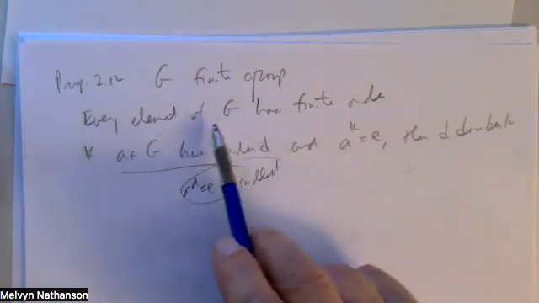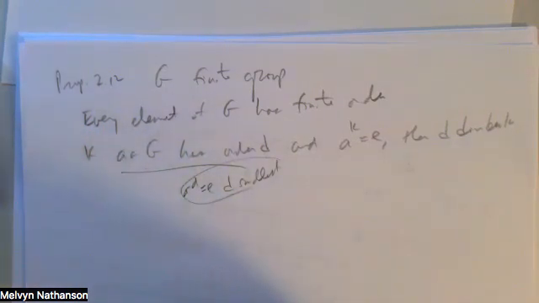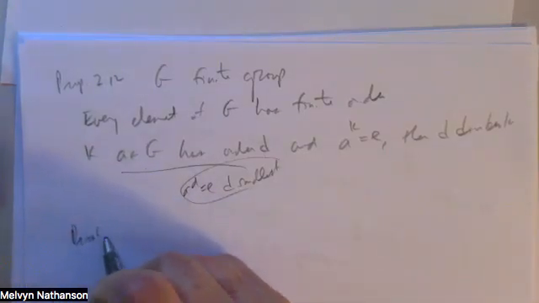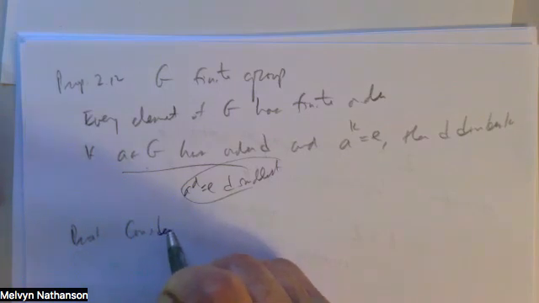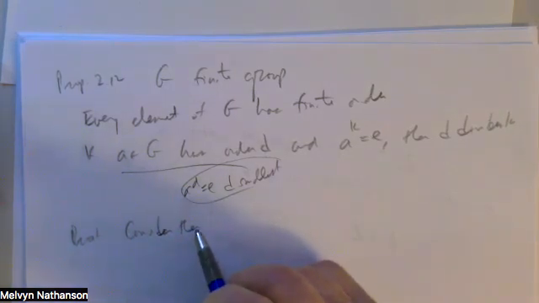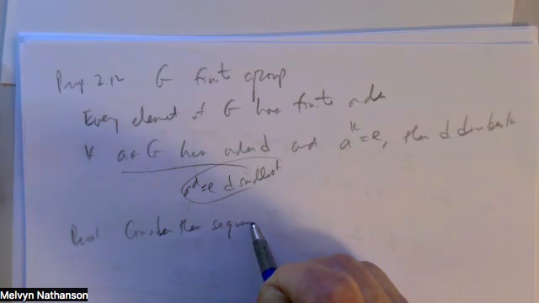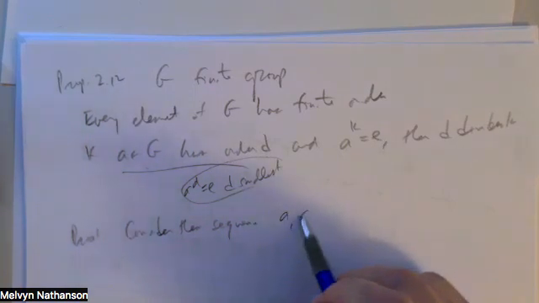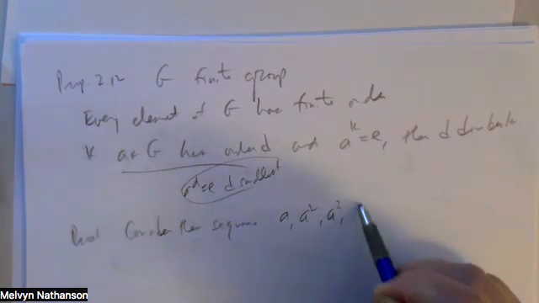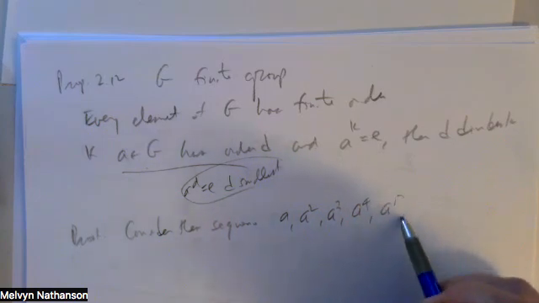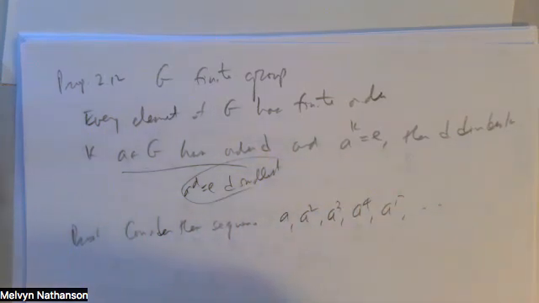So why is it the case that every element of G has finite order? Proof. Consider the sequence of powers of A: A, A squared, A cubed, A to the fourth, A to the fifth, and so forth.